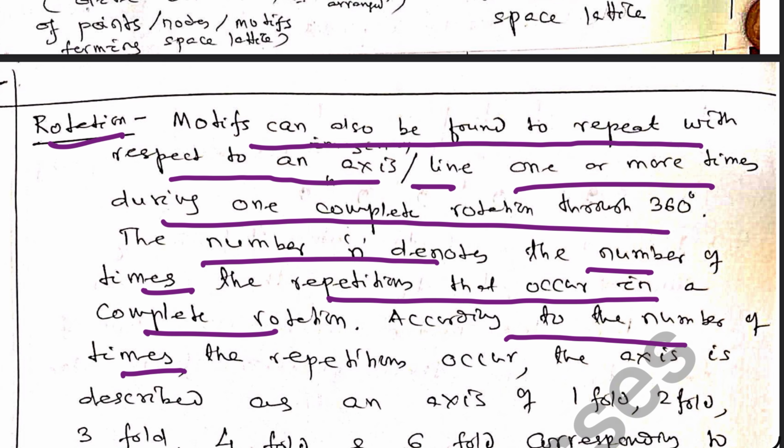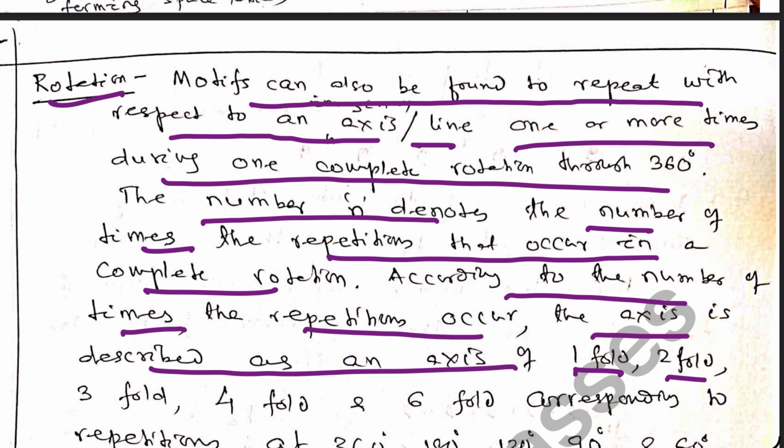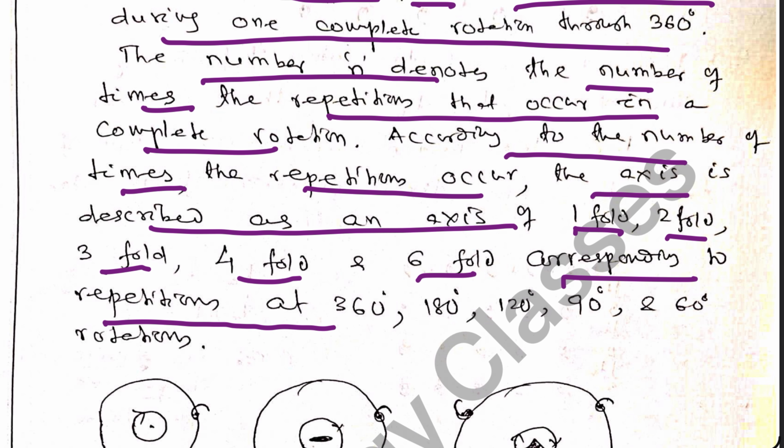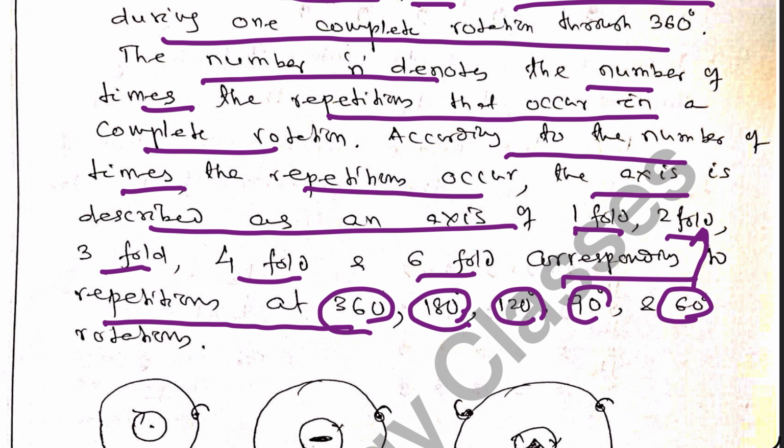According to the number of times the repetition occurs, the axis is described as an axis of 1-fold, 2-fold, 3-fold, 4-fold, 6-fold, corresponding to the repetitions at 360 degrees, 180 degrees, 120 degrees, 90 degrees and 60 degrees rotations respectively. 360 degree rotation conforms to 1-fold rotation, 180 degree rotation for the motifs repeat corresponds to a 2-fold axis of rotation, 120 degrees a 3-fold axis, 90 degrees a 4-fold axis, 60 degrees a 6-fold axis of rotation.